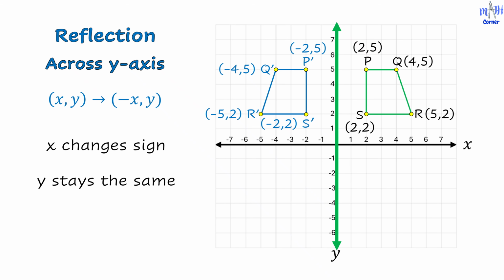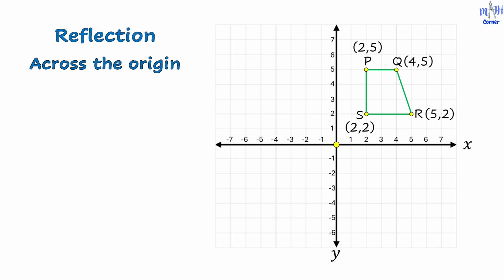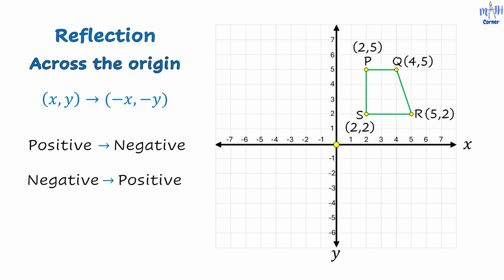Next, reflection across the origin. When reflecting across the origin, both coordinates change signs. Positive becomes negative, and negative becomes positive. Let's reflect the same figure across the origin. P is located at 2, 5, so P prime is located at -2, -5.